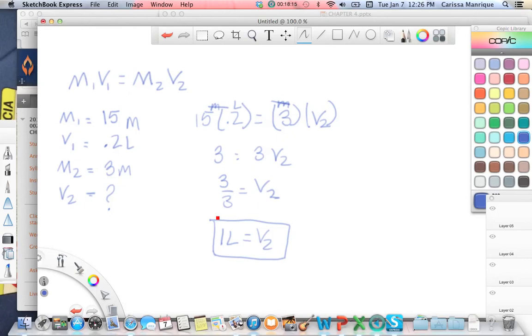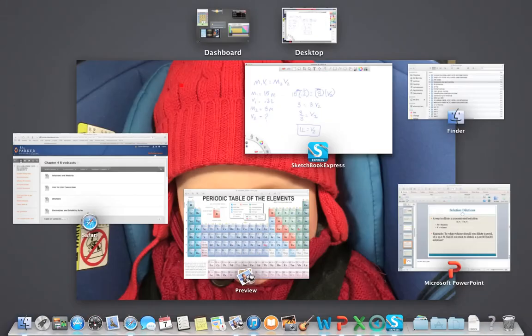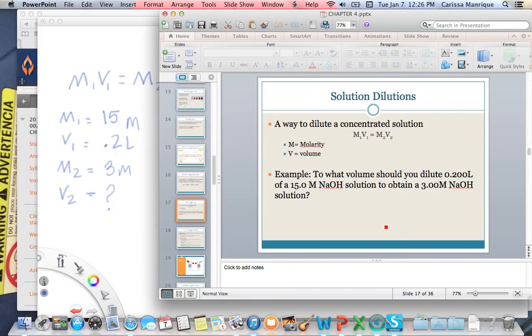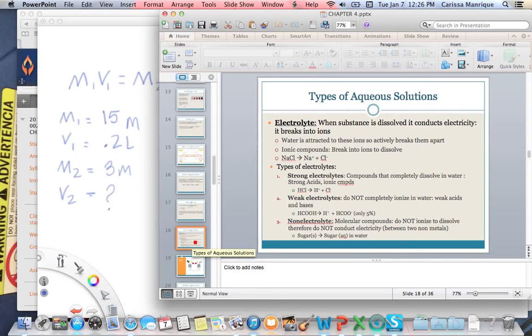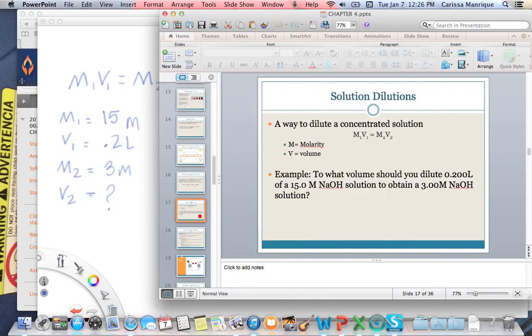So again, anytime you see dilution, you're just going to use this formula right here. So have your initial concentrations and volume here, and then this is what you're trying to solve for over here. Okay, and that's all I want to go over right now.